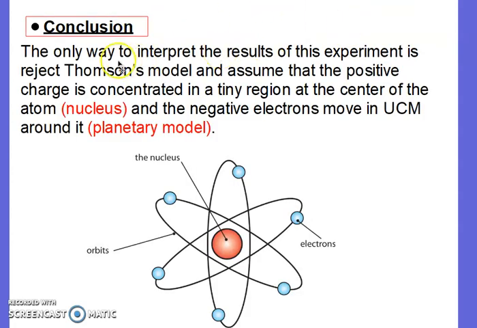The interpretation, according to Rutherford, was that the only way to interpret the results of this experiment is to reject Thomson's model, meaning Thomson's model is not true.